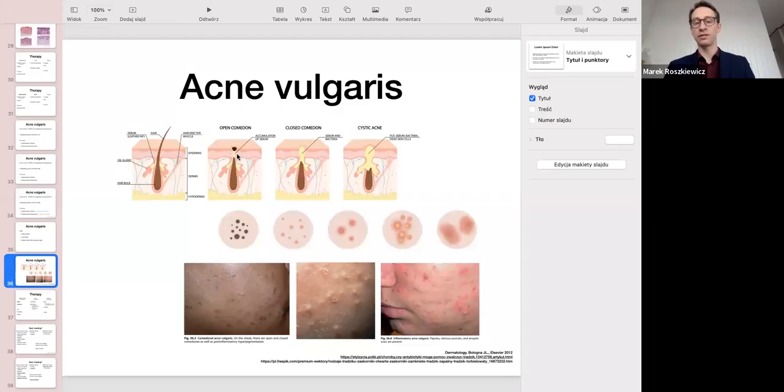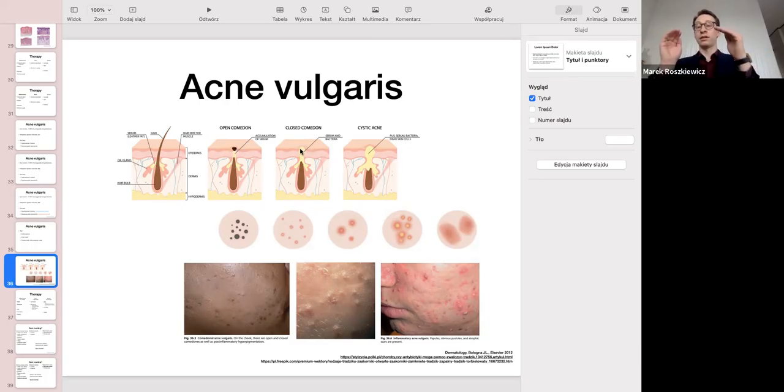So then we can see this black spot on the skin where the comedon is being closed, not completely, and the sebum that is not going outward enough is being oxidated, and that is why this is this black spot.